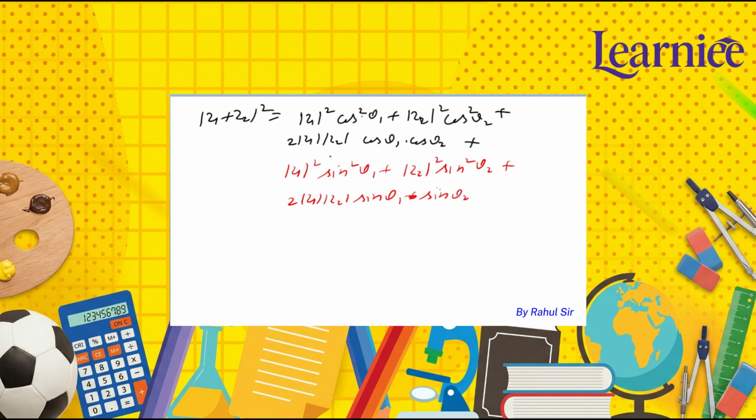Now taking mod z1 squared common, cos squared theta plus sin squared theta is 1. So I get mod z1 squared plus mod z2 squared, plus 2 mod z1 mod z2 times cos theta 1 cos theta 2 plus sin theta 1 sin theta 2.